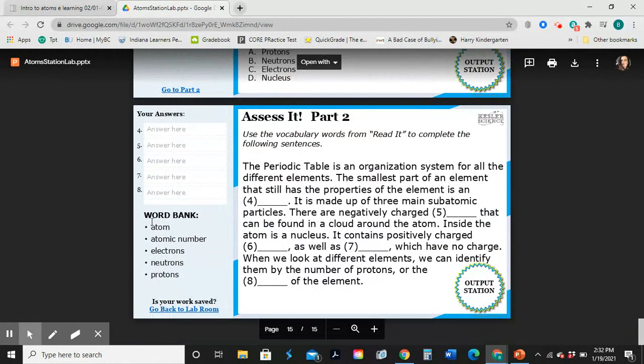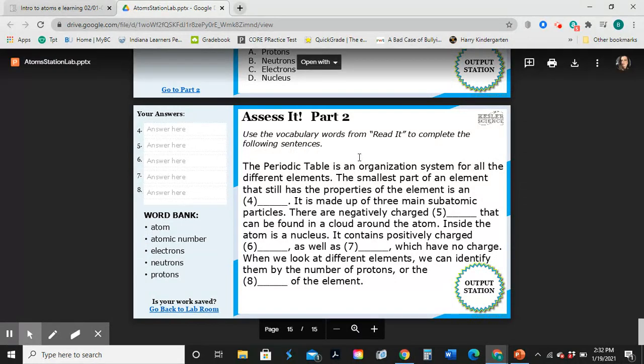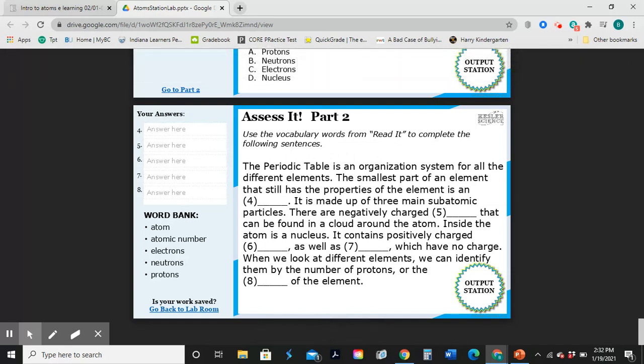Now you're going to look at your word bank. You have atom, atomic number, electrons, neutrons, and protons. The periodic table is the organization system for all the different elements. The smallest part of the element that still has properties of the element is a blank. It is made up of 3 subatomic particles.